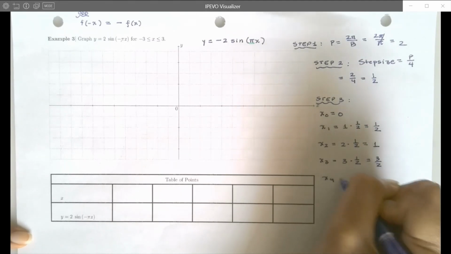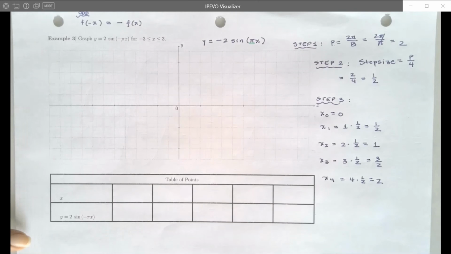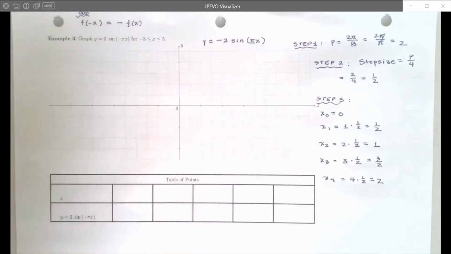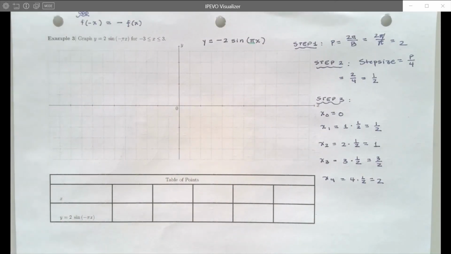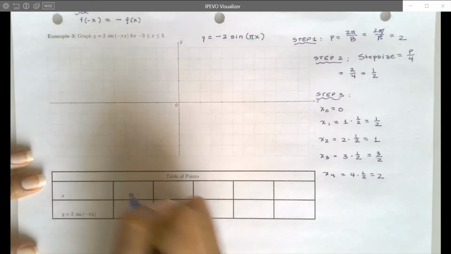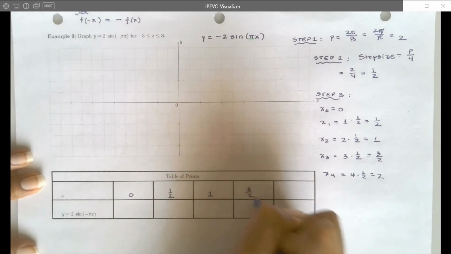Last x value will be 4 times 1/2, which is going to give us a 2. So we're finding all of the quarters of the period. If the period is 2 and you divide it by 4, you're going to get each quarter happening at multiples of 1/2. Alright, so now we're going to transfer those over. We're going to have 0, 1/2, 1, 3/2, and 2.